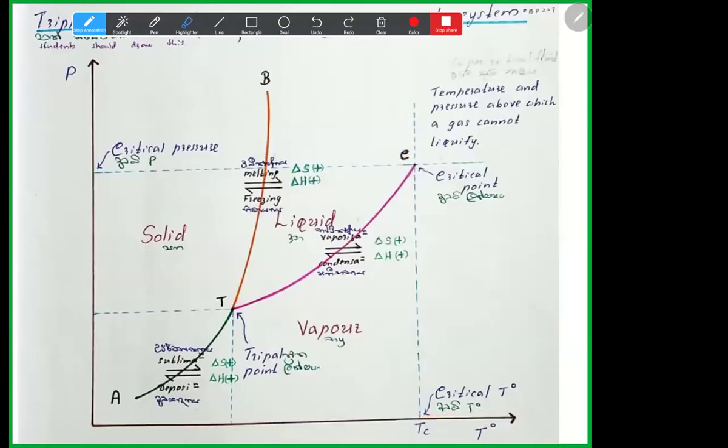So beyond this one, you have a condition which is having both gas and liquid together. You call that mixture supercritical fluid. Temperature and pressure above which a gas cannot liquefy, which is called the critical point. Critical pressure, critical temperature. 1 mole volume is critical volume.